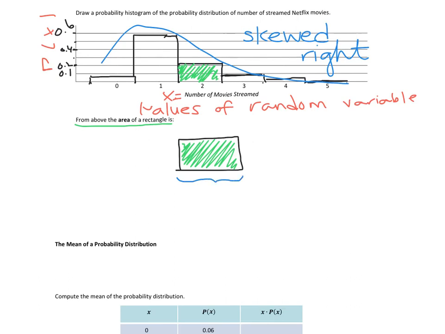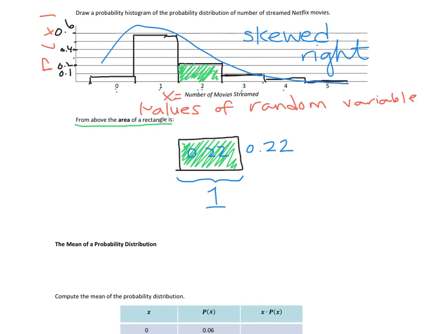What is that width? Well, these discrete variables up here are kind of like a midpoint. So we're going 0 to 1 to 2 to 3 to 4. This width is 1. The height is the probability, and we've already established that to be 0.22 from the distribution table. And so our area of this rectangle is 0.22.